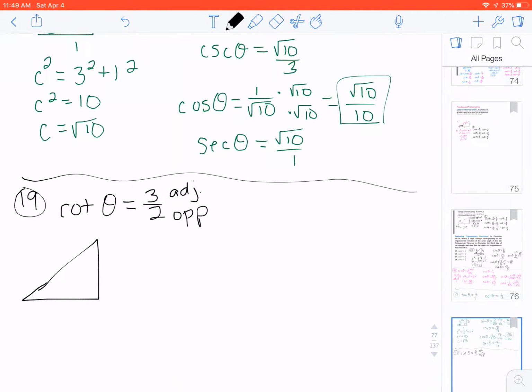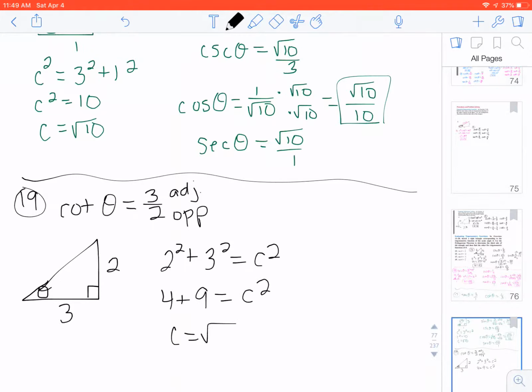So let's draw our triangle. Okay, so adjacent is 3, opposite's 2. Okay, we're going to find our hypotenuse. So when you use Pythagorean theorem, 2 squared plus 3 squared equals c squared. 4 plus 9 equals c squared. So c is the square root of 13.